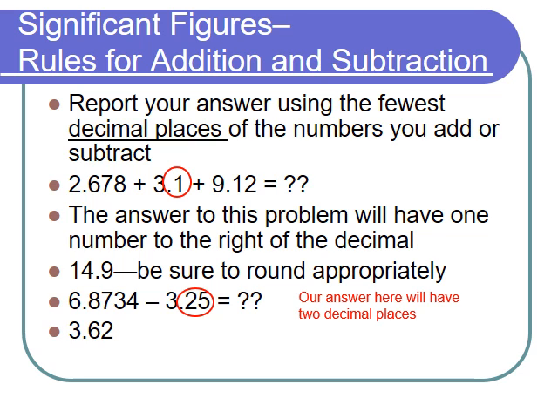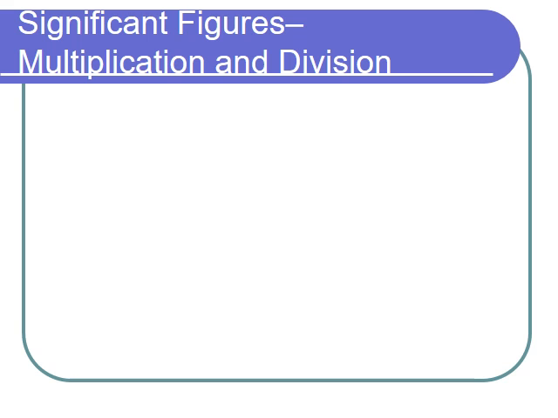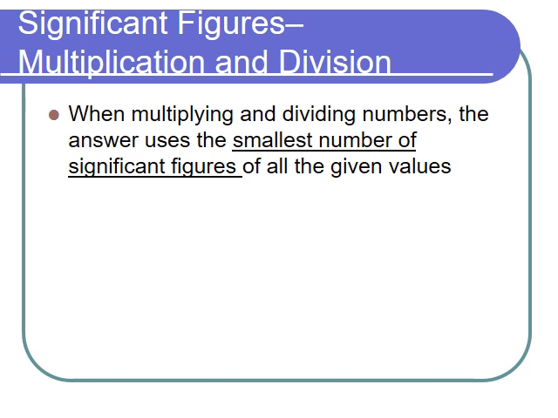Now let's talk about multiplication and division. When multiplying and dividing numbers, the answer uses the smallest number of significant figures of the given values. Do this math problem on your calculator: 5.67 times 0.43 divided by 2.785.